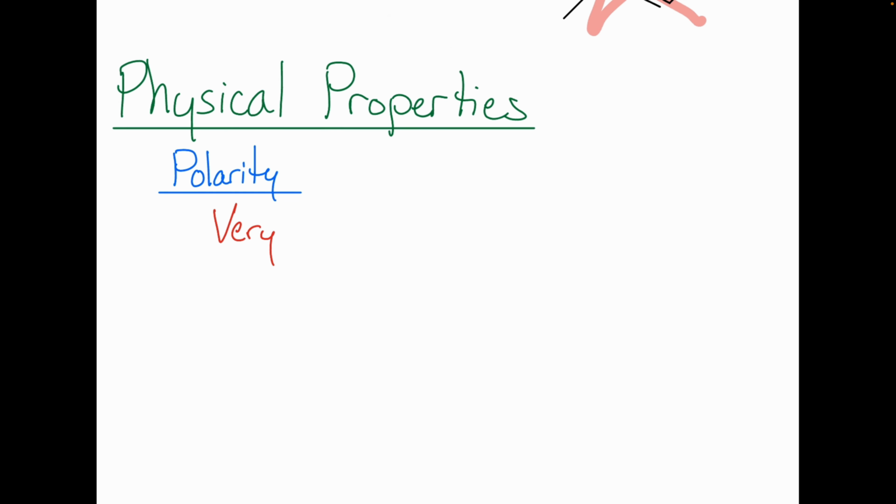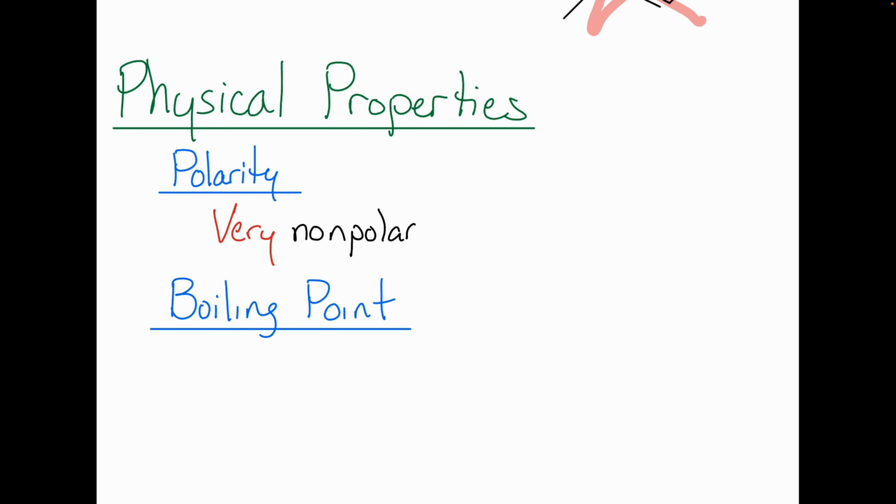So these are still our very nonpolar compounds. Which means in terms of boiling point, what do we think? High boiling points or low boiling points? Again, yeah, weak interactions with one another. So we have our very low boiling points.